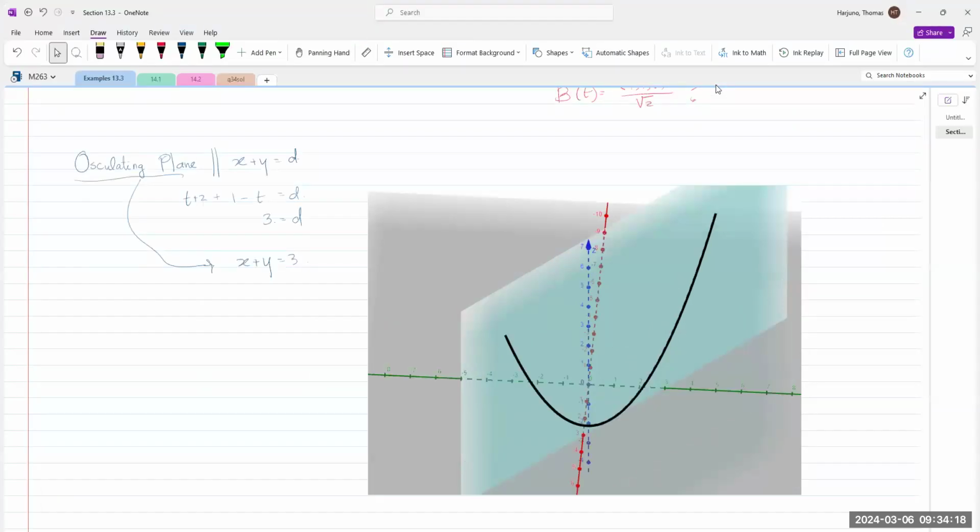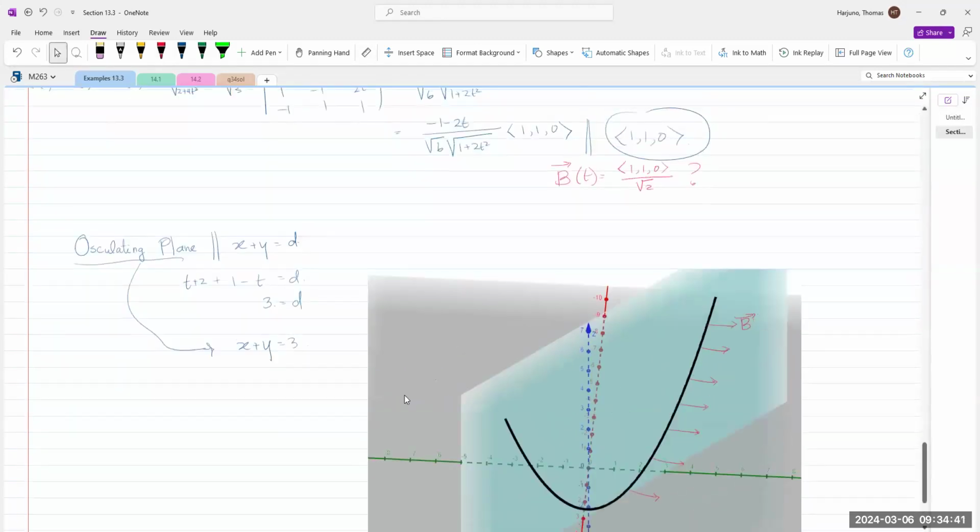And what I want to say is that the binormal vector is always perpendicular to that plane, right? These are the binormal vectors. Okay, that's for today.